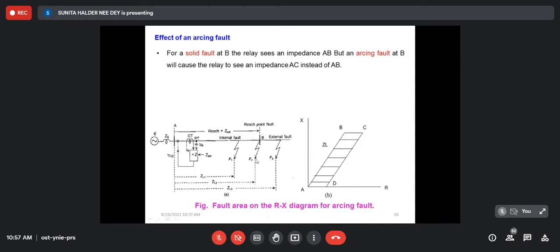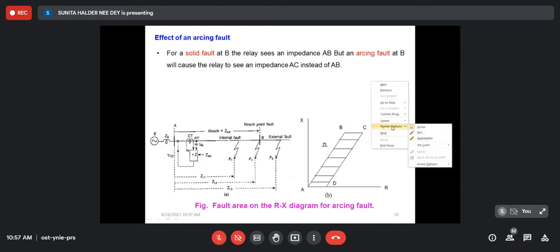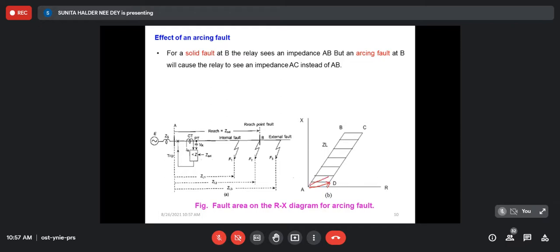So wherever the fault is, for the same arcing fault, the same amount of arcing resistance will be added. Okay, so actually the impedances will change like this, in this way, right? So that is what I wanted to explain.